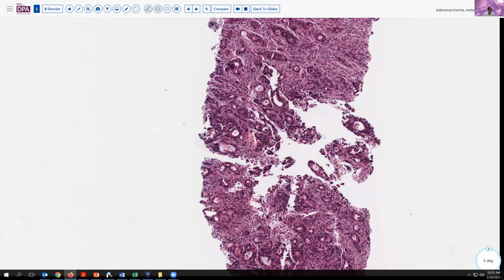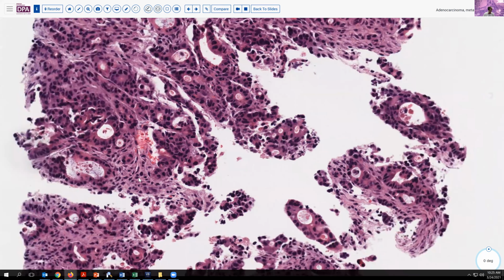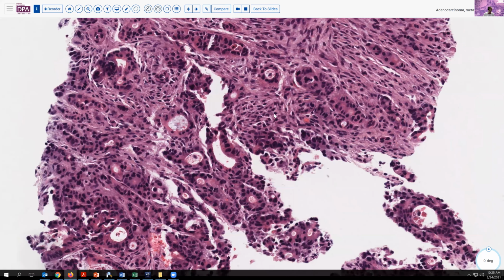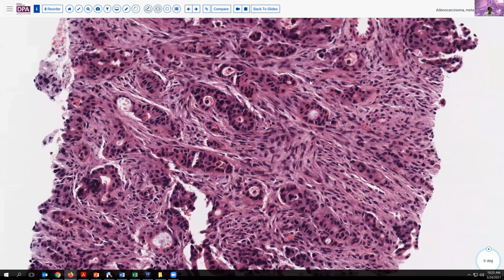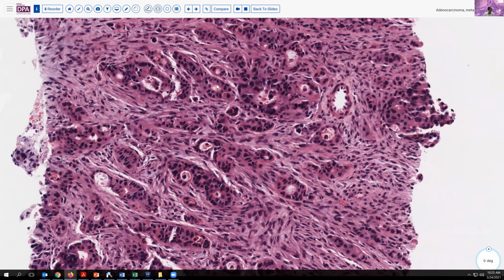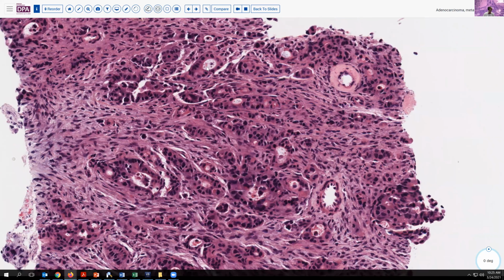Occasionally, there's a little bit of luminal debris, and also we see some evidence of intraluminal mucin in several of these. This is not a classical signet ring type cancer, of course, but illustrates that this small glandular pattern can be seen in enteric metastases, in this case from the stomach primary.